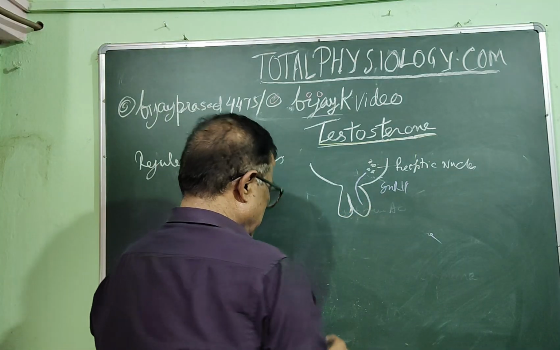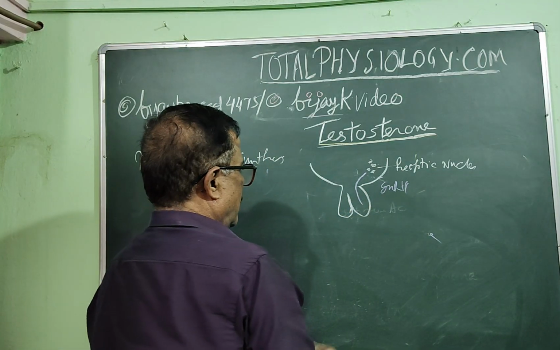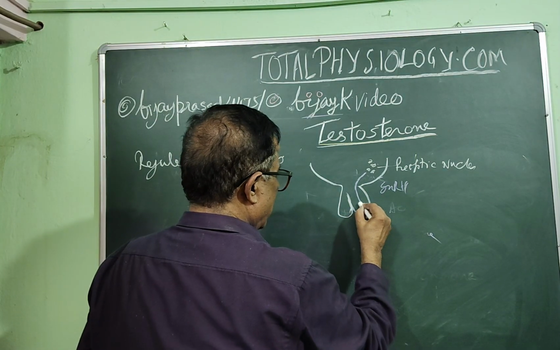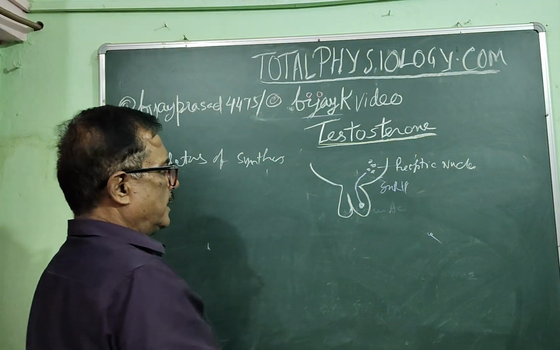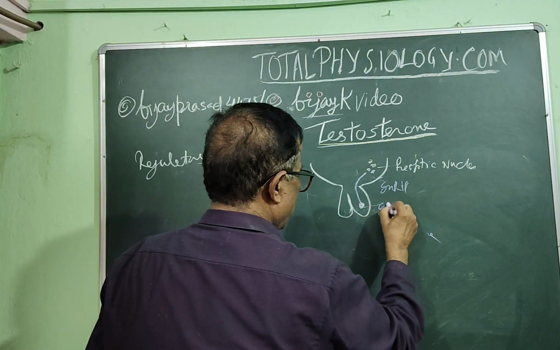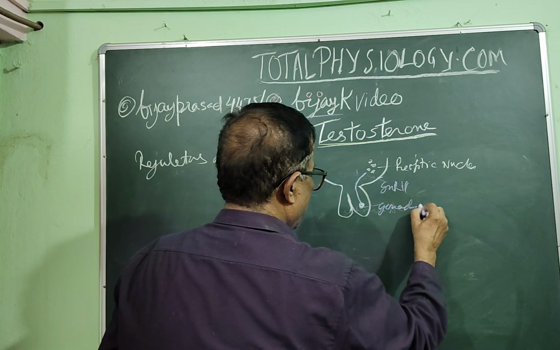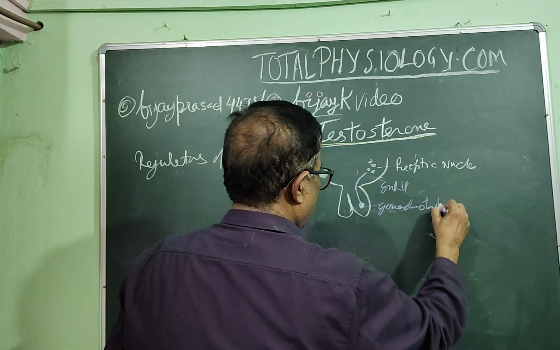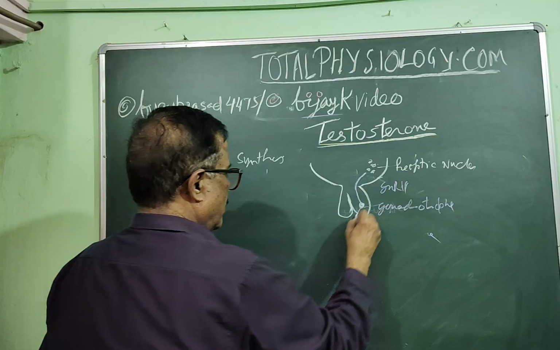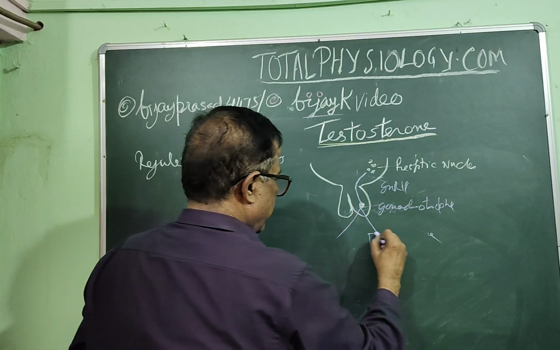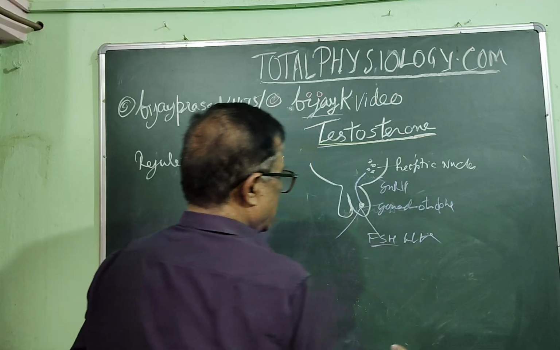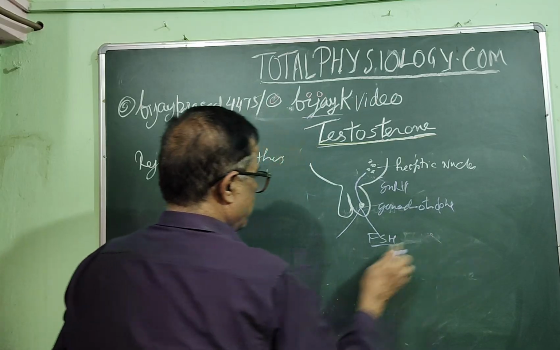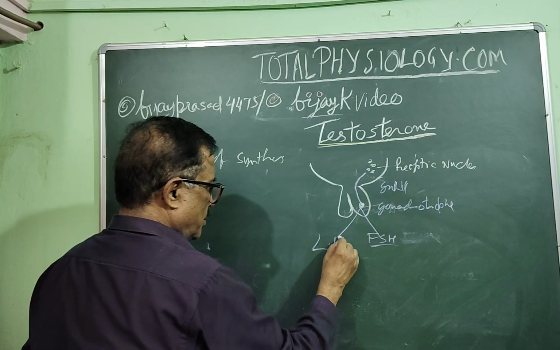This goes to the anterior pituitary and acts on gonadotropes, leading to release of FSH and LH, that is follicle stimulating hormone and luteinizing hormone.